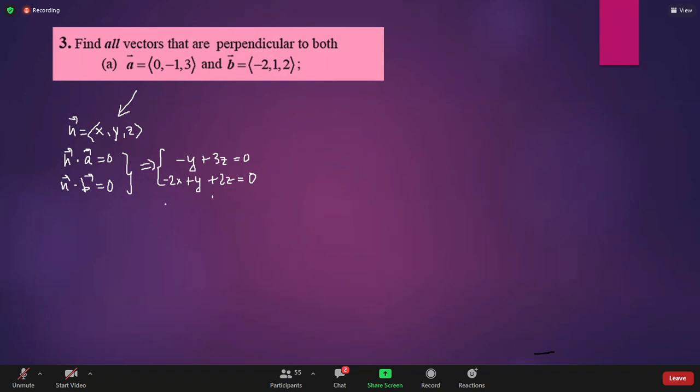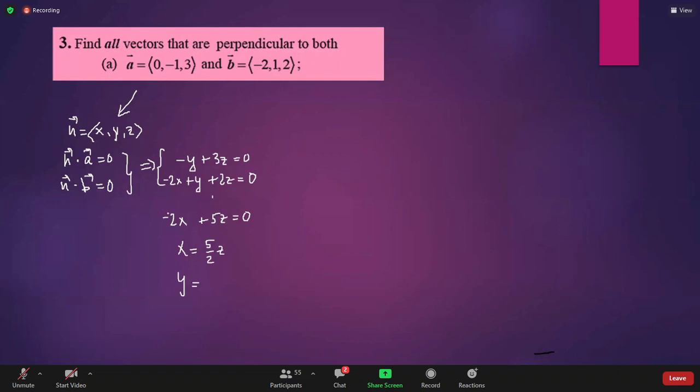If I add both equations, I would have minus 2x plus 5z equals 0, which means x is 5 halves of z.